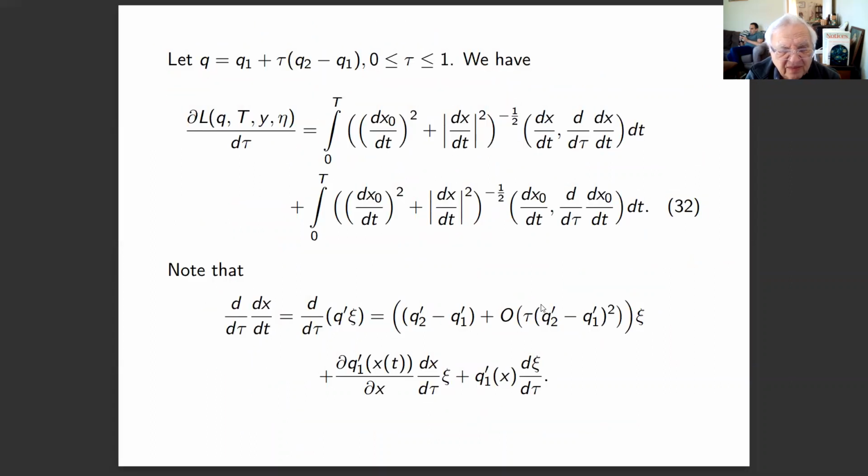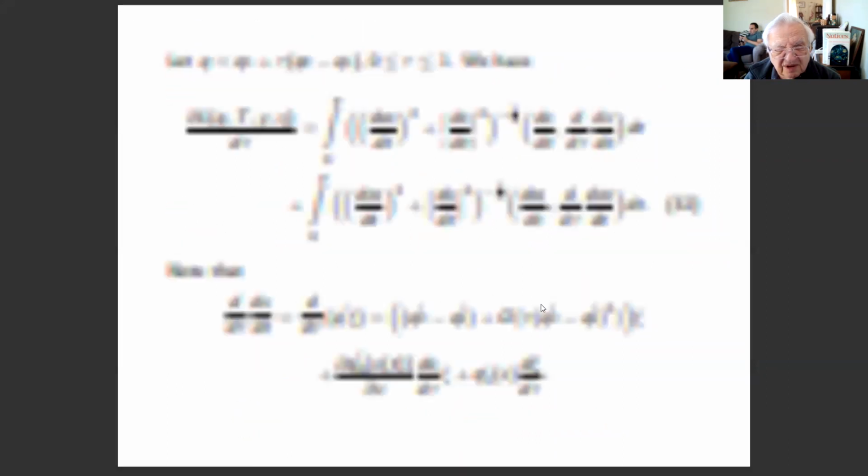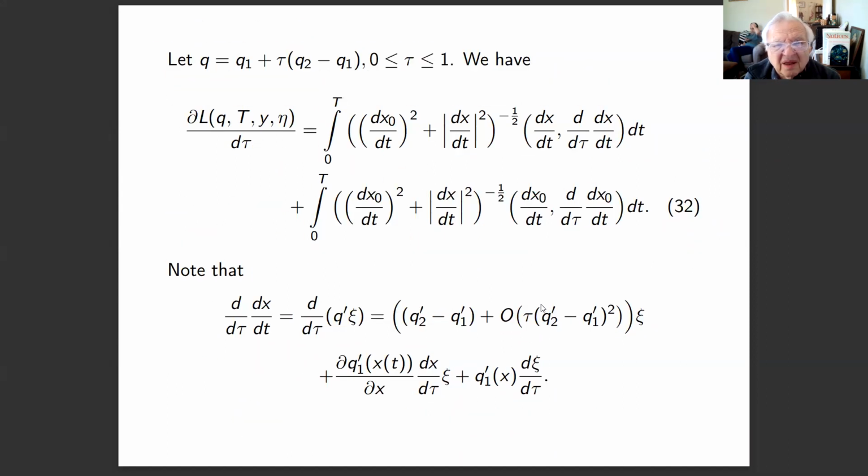And so if you write q as q1 plus tau (q2 minus q1), then we have that the derivative of the length of geodesics in tau is given by formula 32.